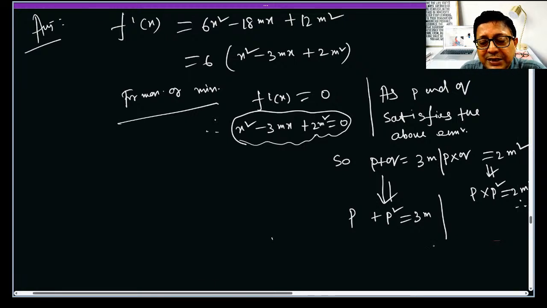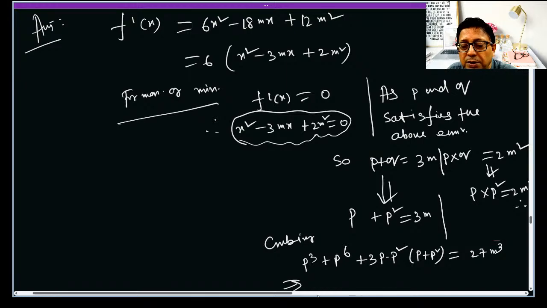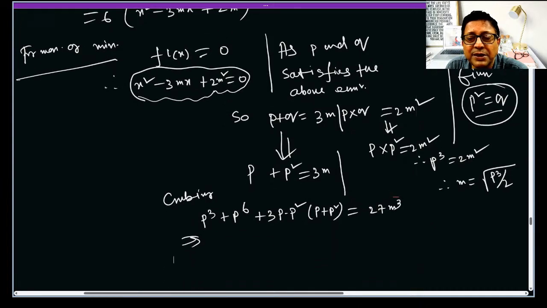So you make cube of both sides. What will you get? Cubing, p cube plus p6 plus 3p into p square into the sum. Remember the formula? 27 m cube. Now you can put these values. Everything will be in terms of m only. Put it here.